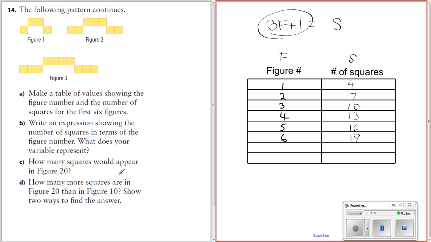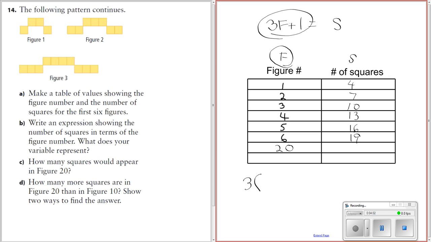Question C says, how many squares would appear in figure 20? I could extend this chart all the way down from 6, 7, 8, 9, 10, all the way down to 20 and keep filling it in 3 at a time, but that would be a waste of time. Now that I have this formula, I can simply take my F, in this case 20, and substitute it into my formula.